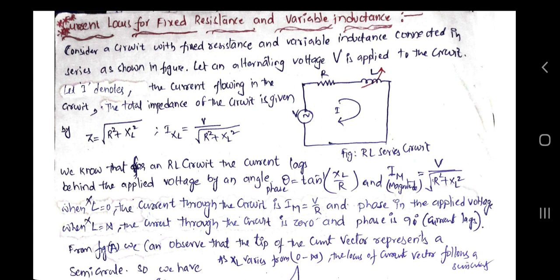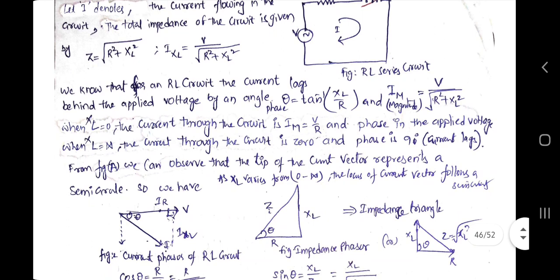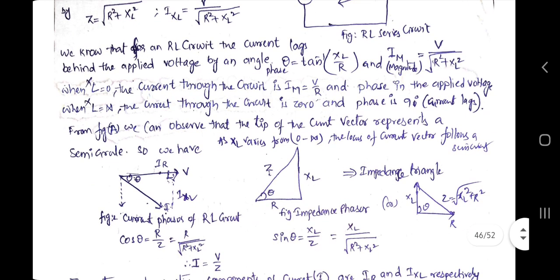Already we know the property of the inductor: the voltage leads the current, and the current lags the voltage. So in this scenario, from the figure shown for the RL circuit, we can observe that the tip of the current vector represents a semicircle as XL varies from 0 to infinity.